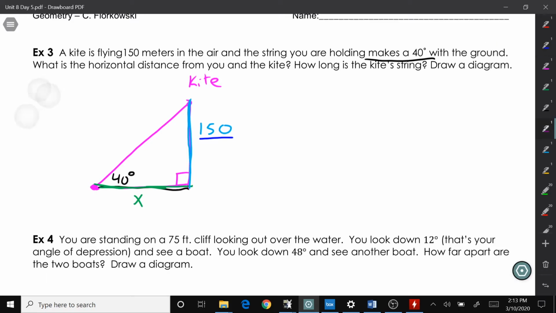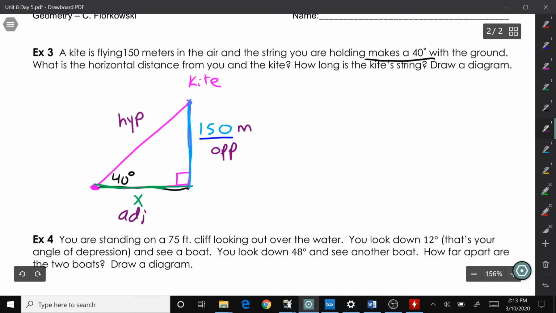Alright, so let's label our sides. We have the hypotenuse. This 150 is the opposite side, 150 meters. And then the adjacent, because this angle that's 40 degrees does not touch this side over here that's 150.